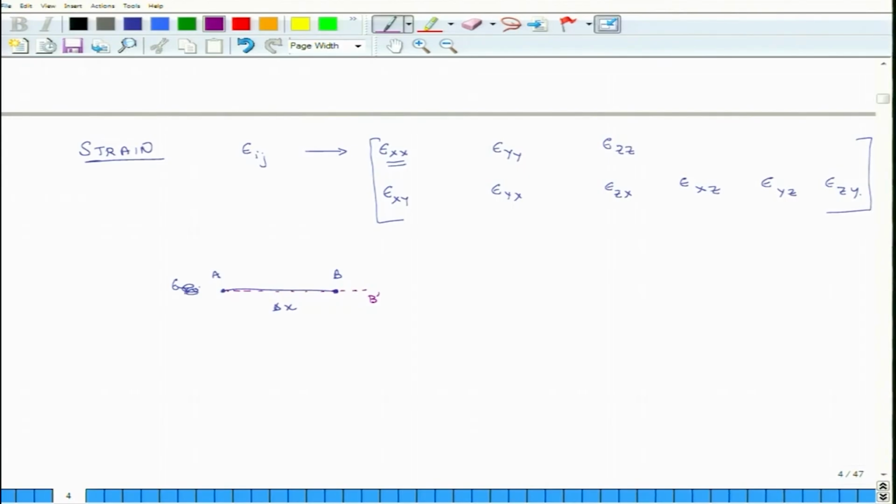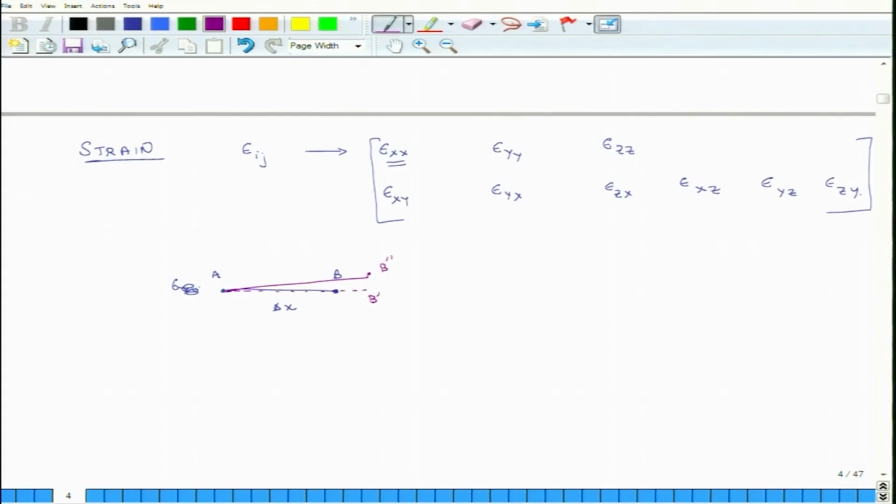That is my reference, so I just keep it fixed, but I can not only stretch it, I can also rotate this line element. So, I have rotated this line element, and let us say this is B prime prime. So, I stretch it and then I rotate it. This is my final position.